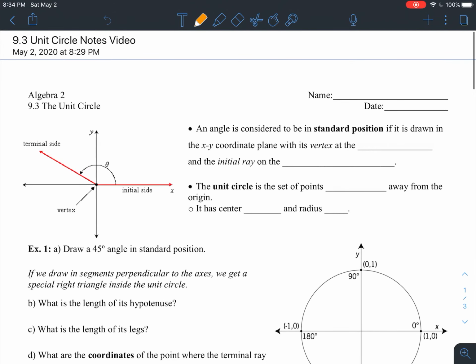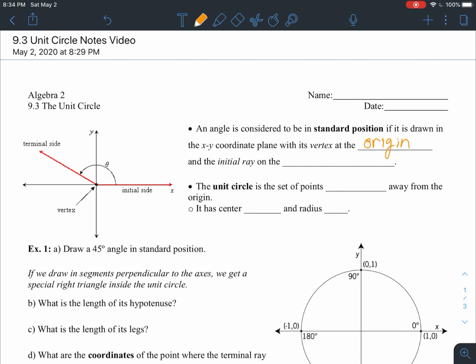So, like we talked about last week in 9.2, when we started talking about radians and everything, we talked about putting an angle in standard position. So just a quick recap on that. In standard position, the angle has its vertex at the origin, so at 0, 0. And that picture over to the left is an angle in standard form. You can see the vertex is at the origin, so it's at 0, 0.